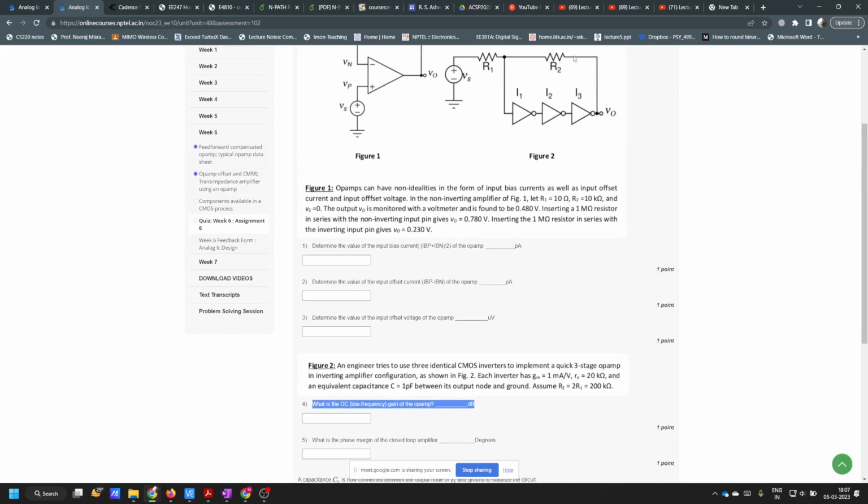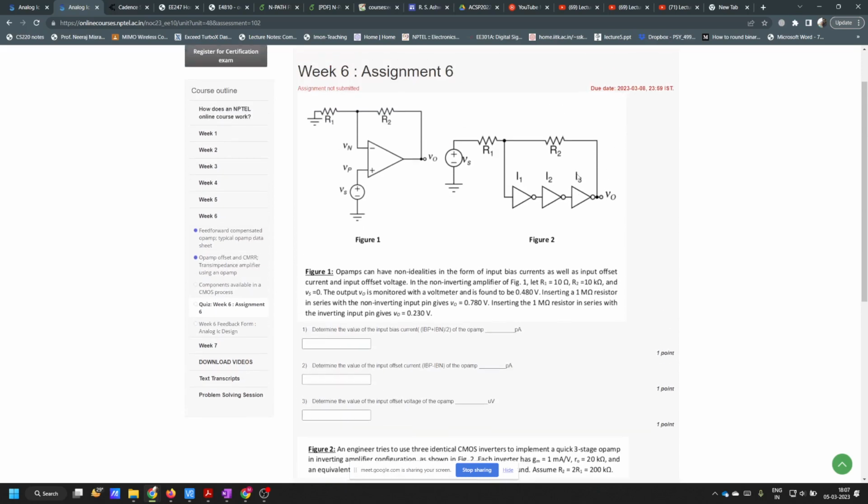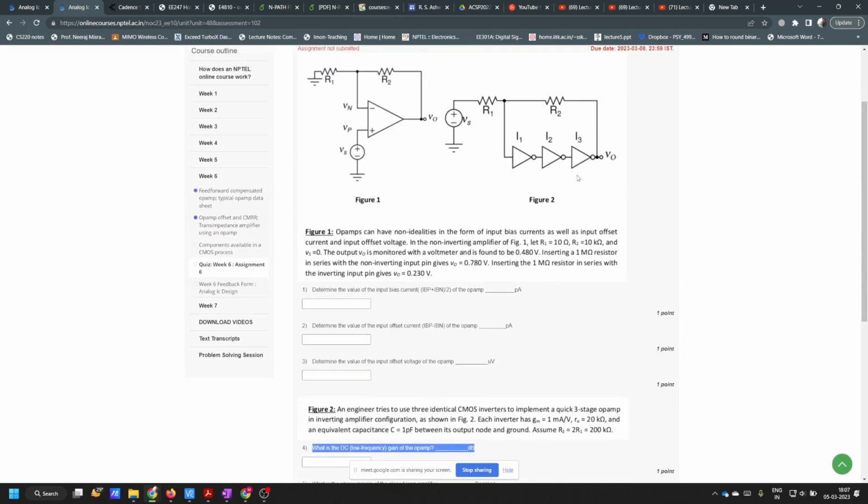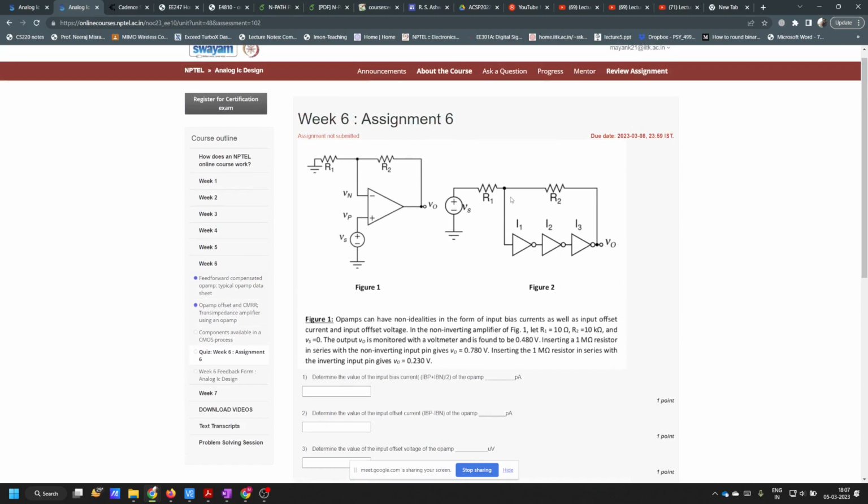Yeah, so you have a loop here also. You have to simply find out what is the loop gain in this case. The op amp is exactly a combination of I1, I2, and I3. So you are asking whether we have to take R2 and R1 into account or not for calculating loop gain. Is that what you are asking?